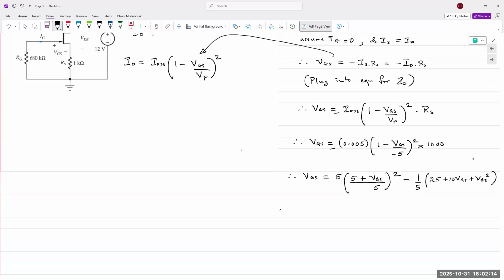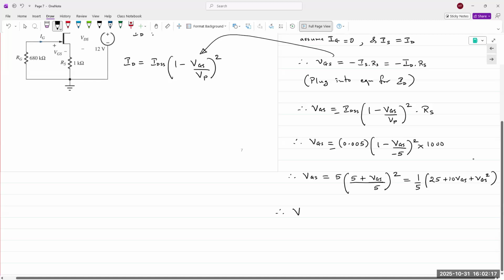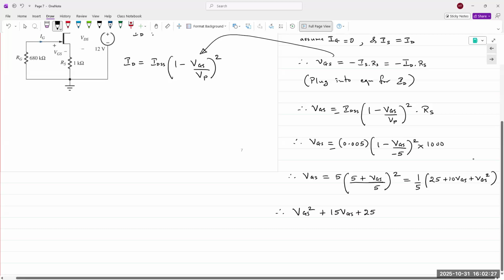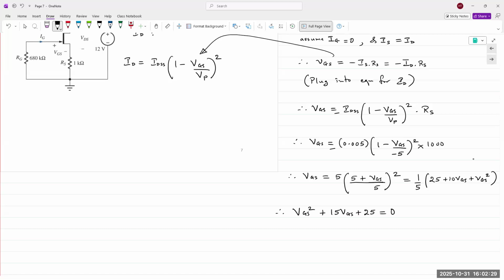Okay, so then my final equation comes out to be VGS square plus 15 VGS plus 25 is equal to 0.